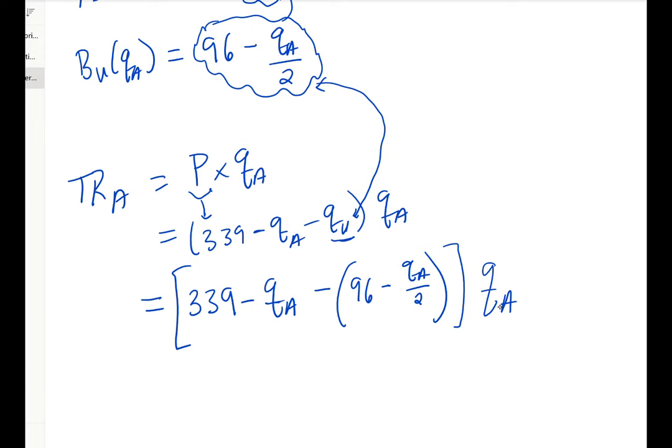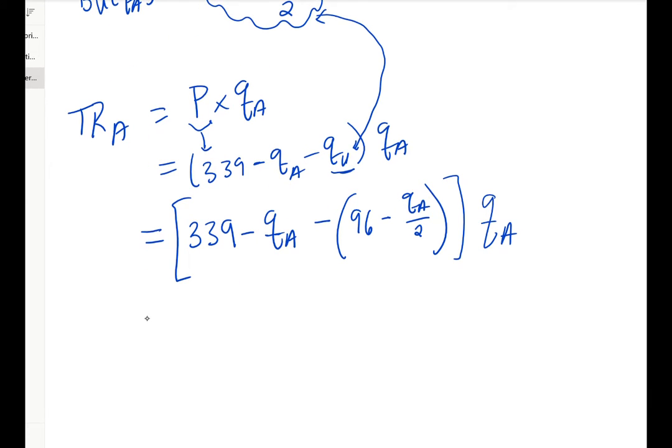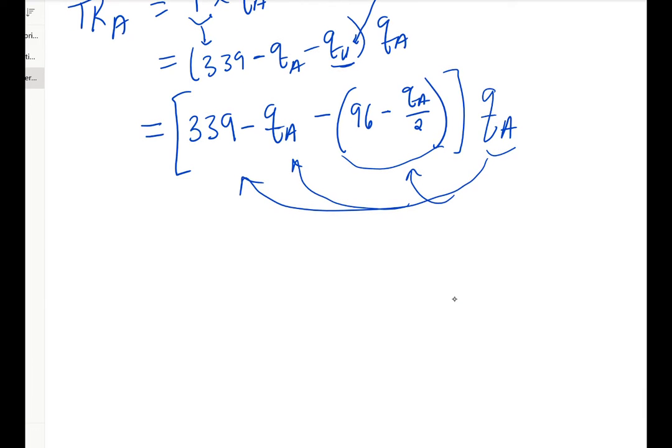Okay, so let's expand this some more. We're going to apply this QA to each term in the equation. I was going to decide if I should open this parentheses first before opening the bigger one, but either way works, so long as we understand the process here.